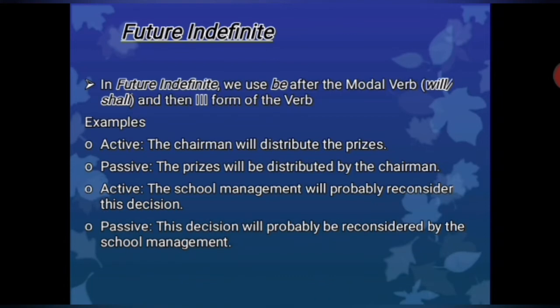So what is our object? This decision. Then we use the modal verb, that is will. Probably. Then what do we have to use? Be. Then the third form of the verb reconsider is reconsidered by the school management. So the correct formation is this decision will probably be reconsidered by the school management.